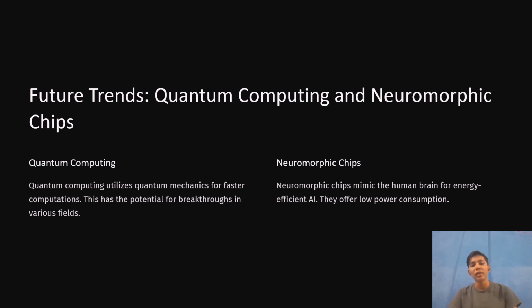Quantum computing utilizes quantum mechanics for faster computation. This has the potential for breakthroughs in various fields. And neuromorphic chips mimic the human brain for energy-efficient AI. They offer low power consumption. We have seen that Nvidia has launched its new chip, and Google has launched a very small chip which is a quantum computer.